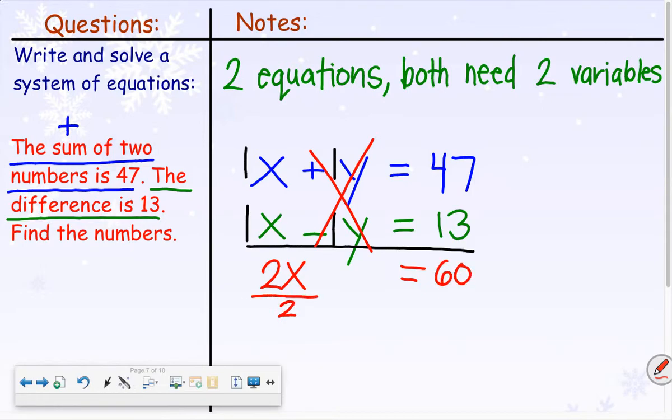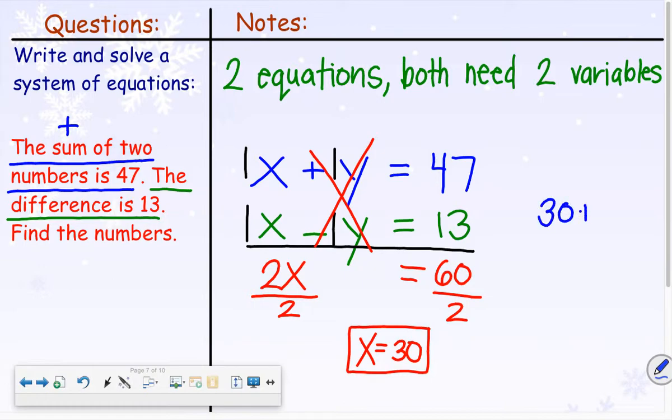Divide both sides by 2, and I have x equals 30. And I'm going to take that 30 and plug it in to my top equation. So 30 plus y equals 47. Subtract 30 on both sides, and I get y equals 17.